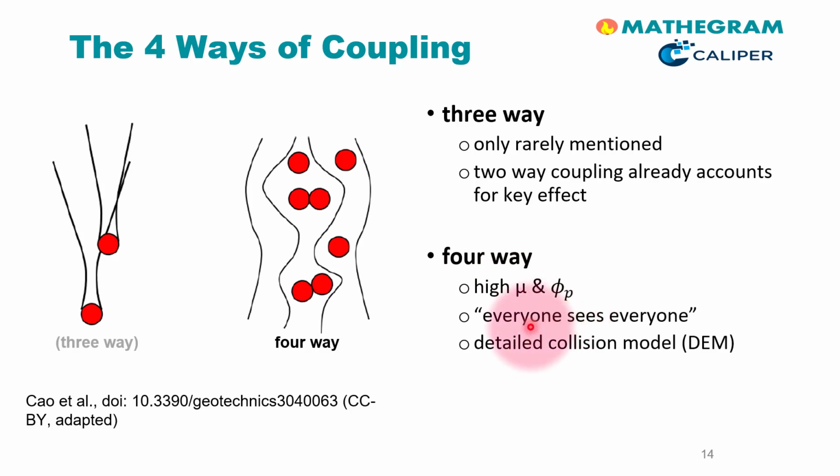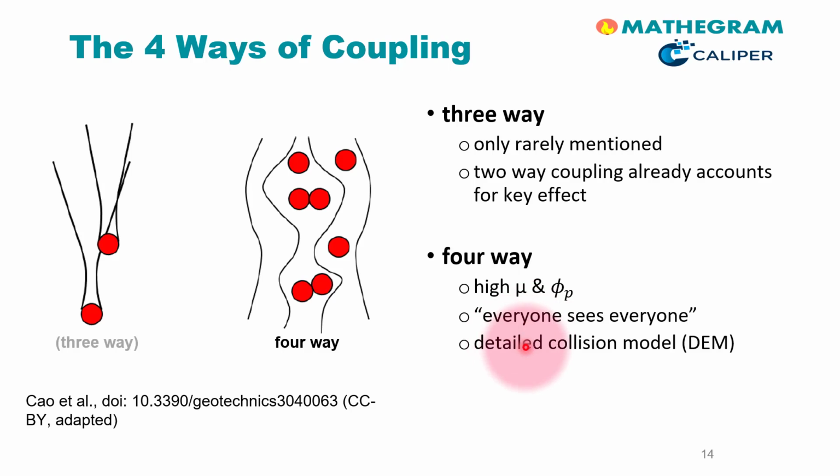The motto of four-way coupling is everyone sees everyone, meaning that particle-particle collisions and particle-fluid and vice versa effects are accounted for. Typical is also that detailed collision models are used.